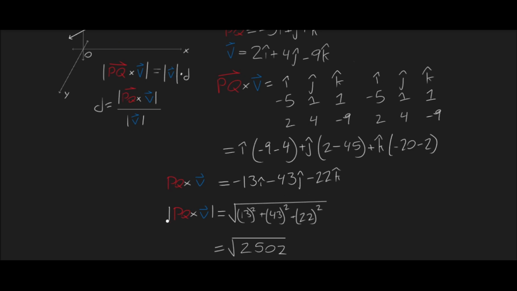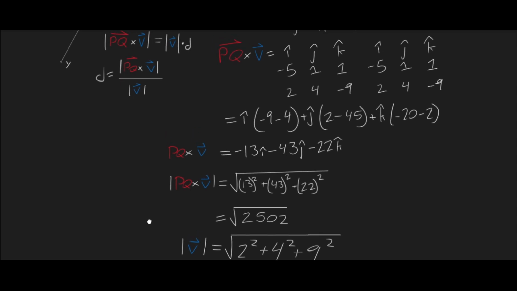Then we need to take the magnitude of the vector, and we do that by taking the components squared and then taking the square root of that. And we get the square root of 2,502.